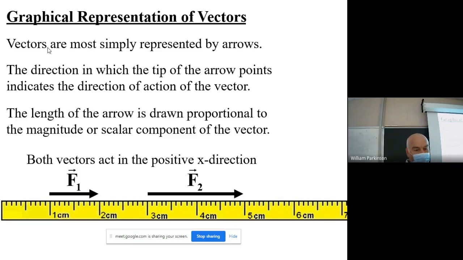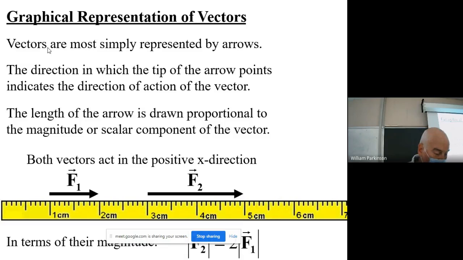Why? Because F1 looks to be 2 centimeters long, F2 looks to be 4 centimeters long. So the magnitude of force F2, or how much oomph I'm giving to force F2, is twice as much push as F1. But based on the tips of their arrows, they are acting in exactly the same direction.